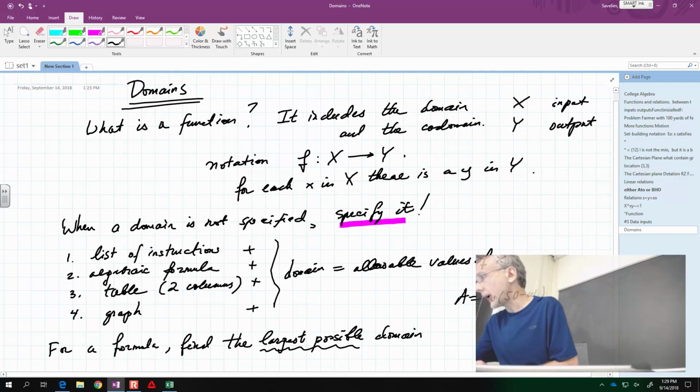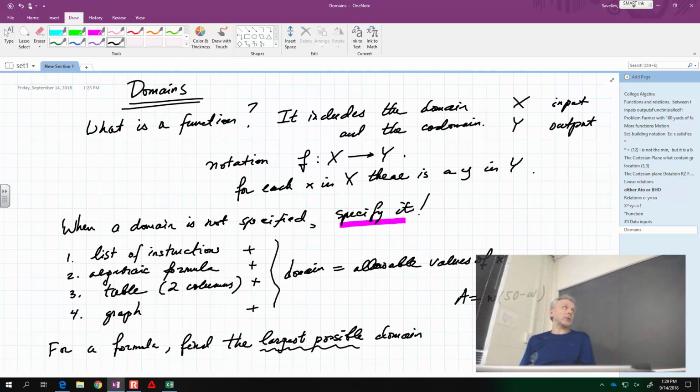It doesn't matter what number I plug into the formula, it will make sense mathematically. But for the farmer, it only makes sense physically when the width of the enclosure is not negative. It also cannot be larger than 100 yards of fencing, because you don't have more than that. So the nature of the problem sets limitations on your domain.